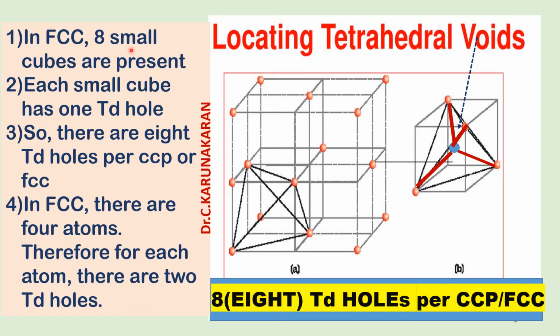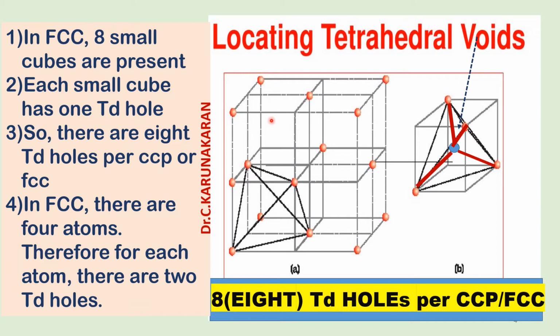Where are tetrahedral holes located? For example, in face-centered cubic lattice or in cubic closed packed crystal structure, where are the tetrahedral voids? I have shown here there are 8 tetrahedral voids. This is the FCC arrangement.